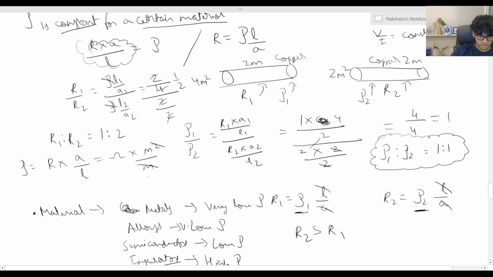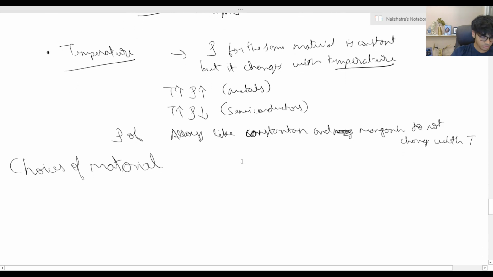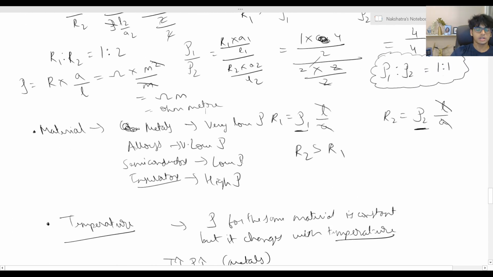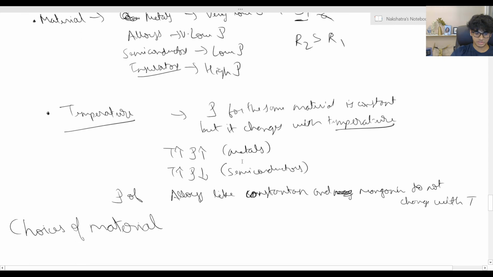This gets cut, so we get ohm meter. This is the unit of specific resistance.